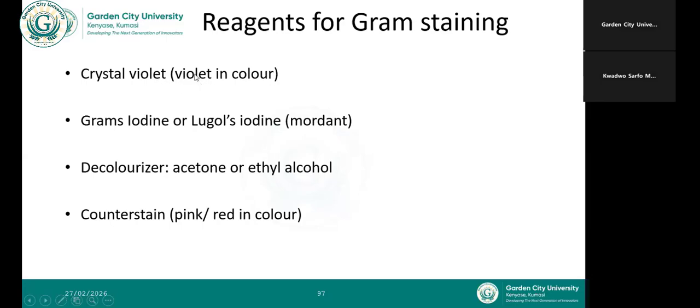Gram's iodine, or Lugol's iodine, is a mordant to intensify the color imparted by the primary stain. The decolorizer removes the stain, and the counter stain imparts color to the cells that lost the primary stain in the course of decolorization.